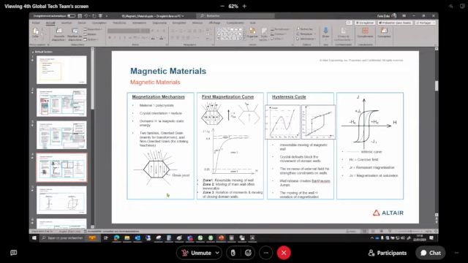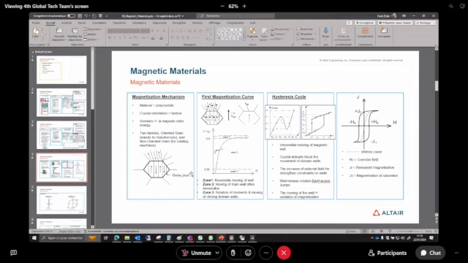So when we apply an external magnetic field on this lamination, the domains having the same orientation as the external magnetic field will be larger and larger. It means that we start to align all the magnetic moments in the same direction as the external magnetic field.